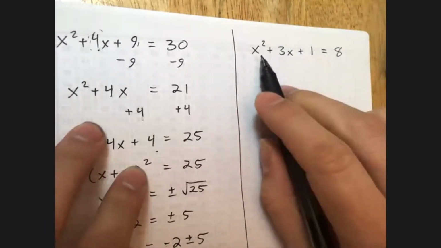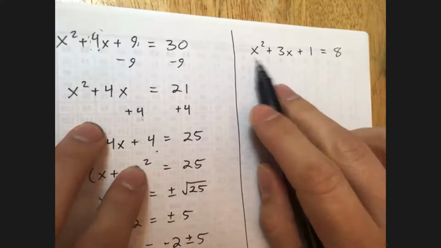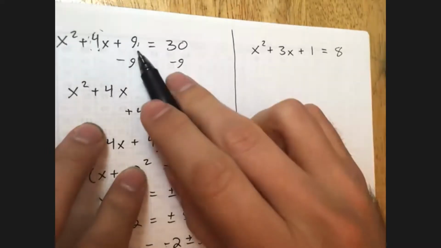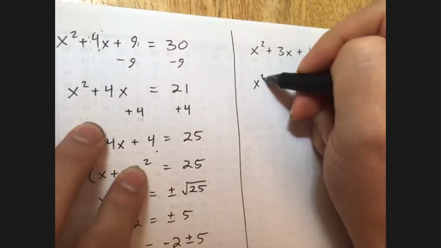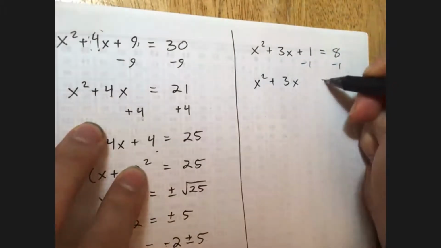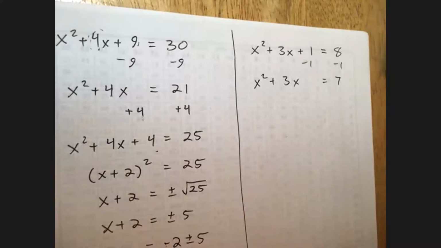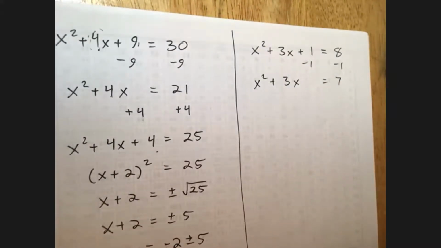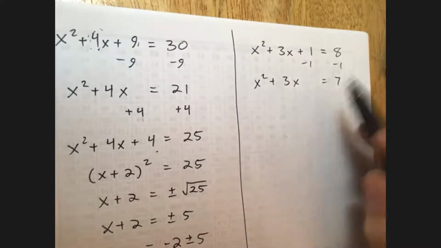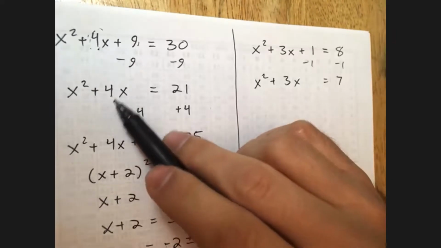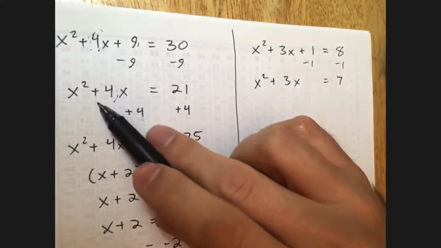All right? So what do we do here? Well, same thing we did here. I want to get rid of the 1. Let's get rid of the 1 first. So we got x squared plus 3x equals 7. Now, what did we do before? We took half of this number and squared it.